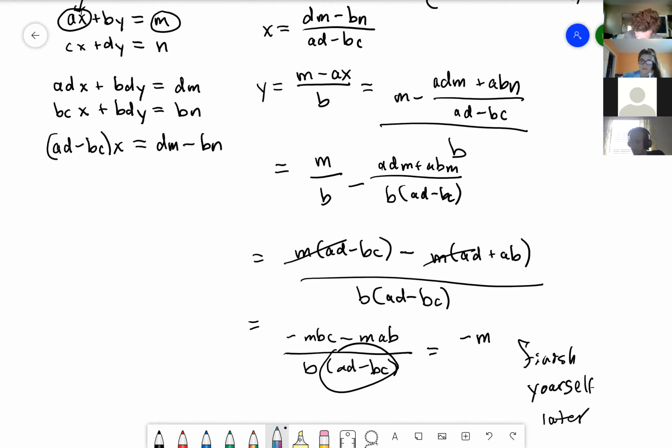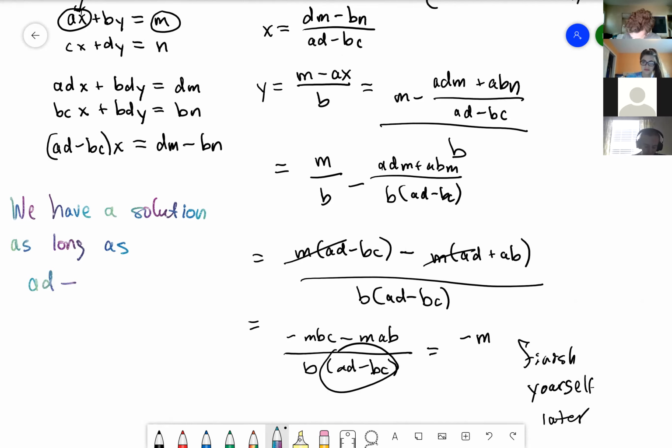Okay, let's see what this looks like. We have a solution as long as ad minus bc is not equal to 0.